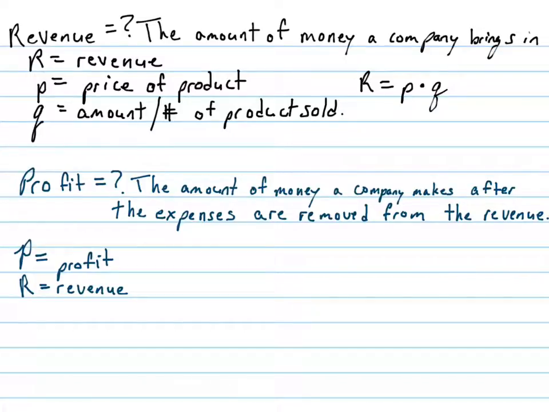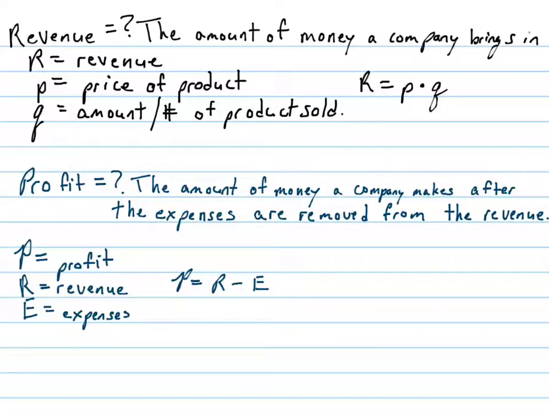We call those things expenses, all right? So we have our expenses. I'm going to let that be, well, let's just stick with capitals just for fun. Usually we come up with equations, but since we're coming up with them together, it doesn't really matter. And that's going to be our expenses. So profit, P, is going to equal revenue minus expenses.